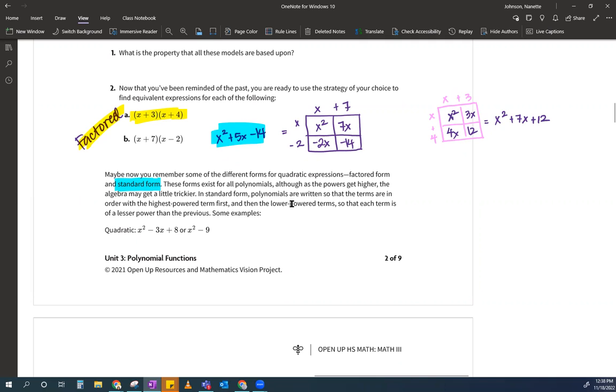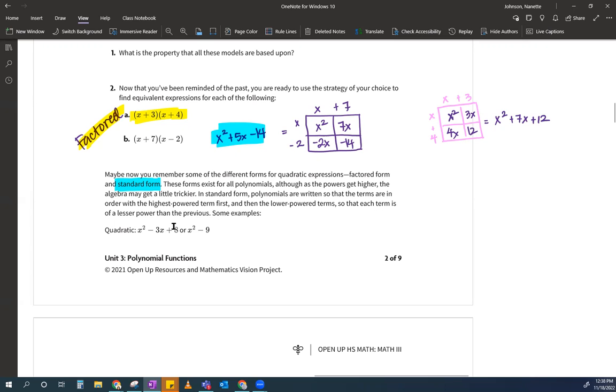In standard form, polynomials are written in order from highest power to the least power, the constant, so that each term is of a lesser power than the previous.